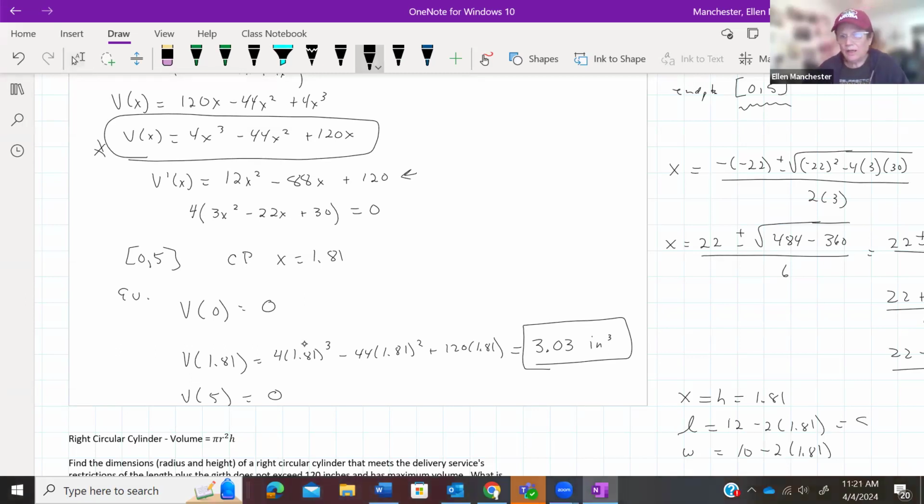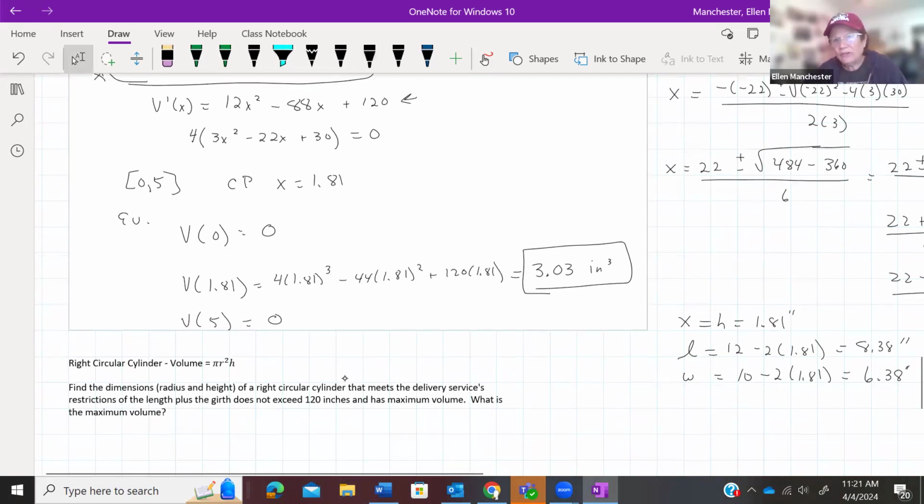So we get 8.38, and this one is going to be 6.38 inches. Those double tick marks indicate inches.